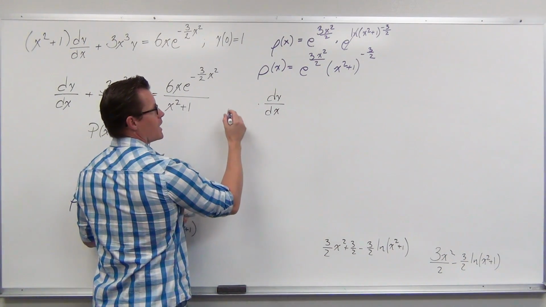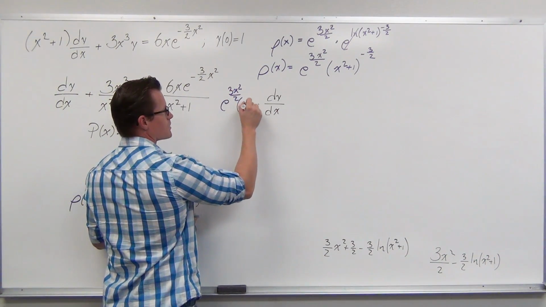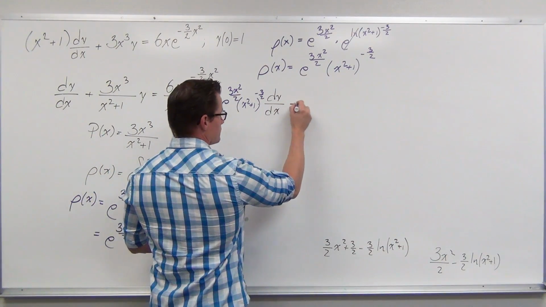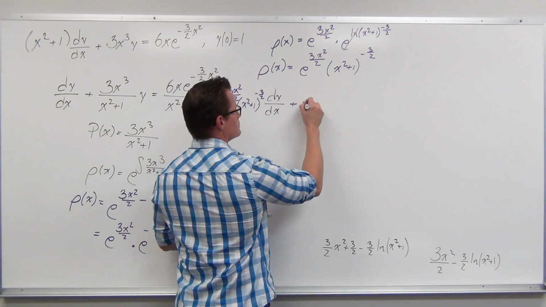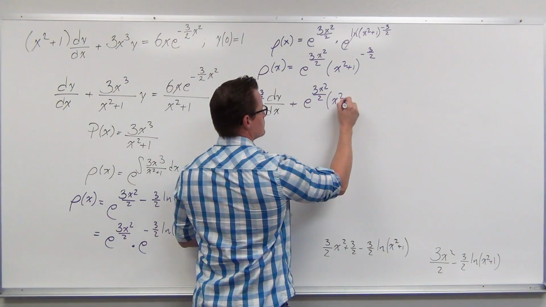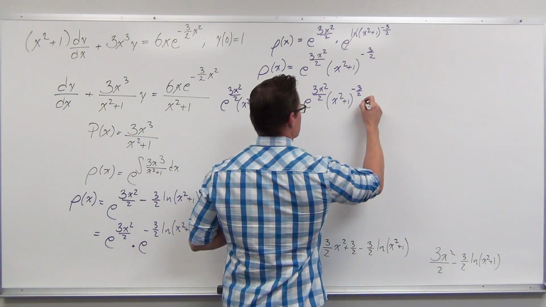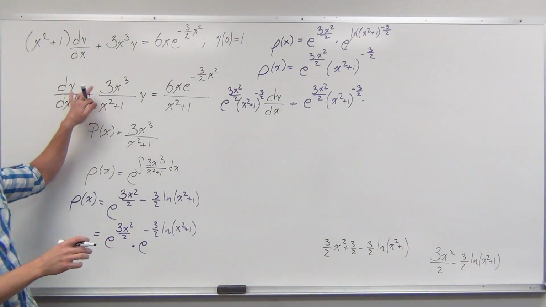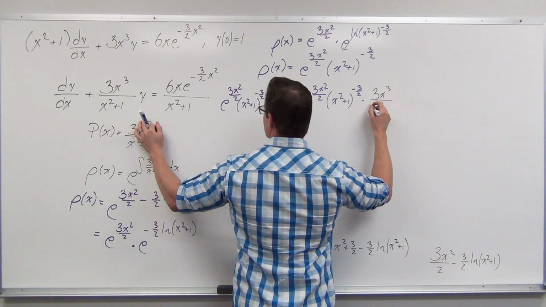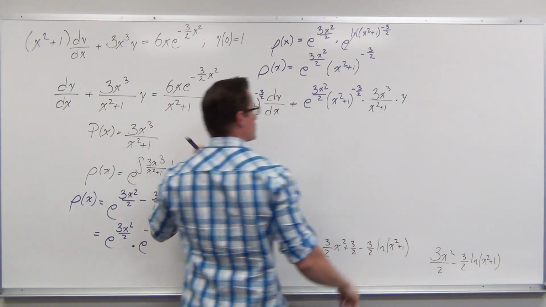dy dx, and we multiply by e to the 3x squared over 2 times x squared plus 1 to the negative 3/2. Yay! And we do it again. So we multiply that here. We still have this garbage, times y.